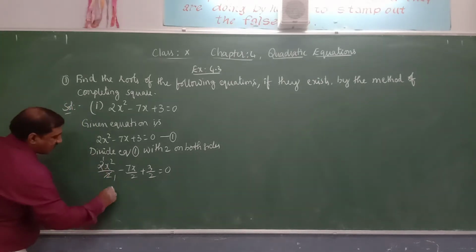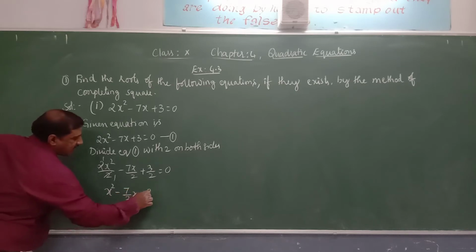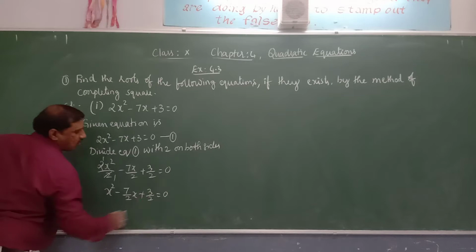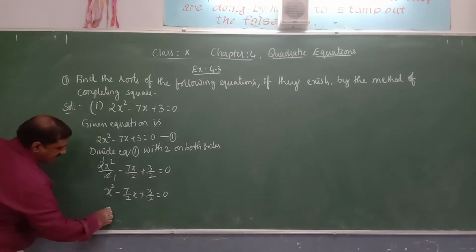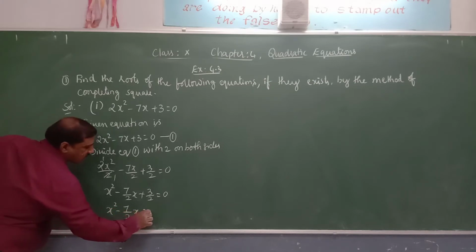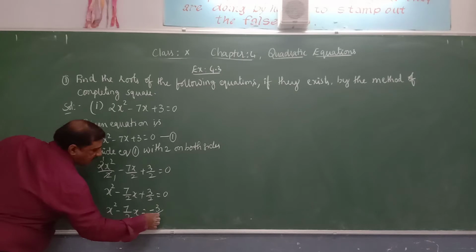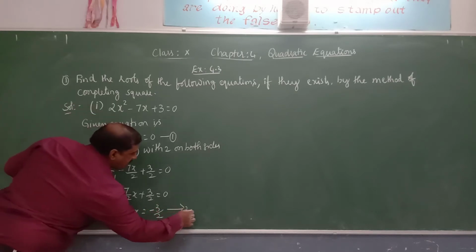We get x square minus 7 by 2 x plus 3 by 2 is equals to 0. Transpose plus 3 by 2 to the other side, we get x square minus 7 by 2 x is equals to minus 3 by 2. This is equation number 2.